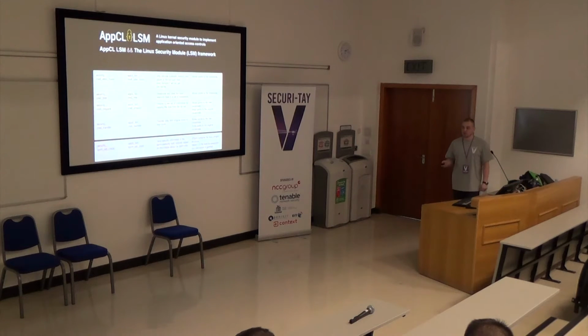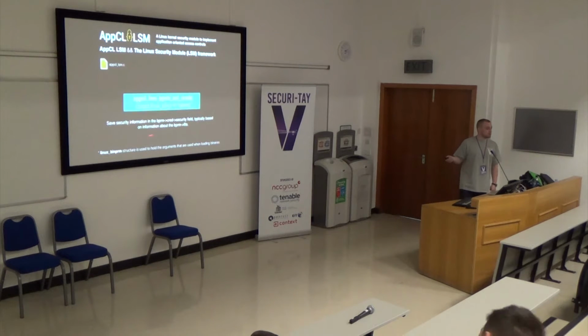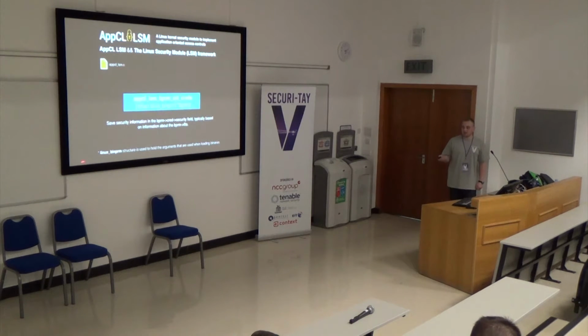The hook I am going to have a look through now quickly on this one is the bprm set creds hook, which saves security information in the security field based on information about the bprm, and I'm going to tell you what that is. So the bprm set creds hook, like I've said, saves security information in the cred security field, and the Linux binprm structure, which is passed to this hook, is a structure used to hold the arguments that you use when loading binaries.